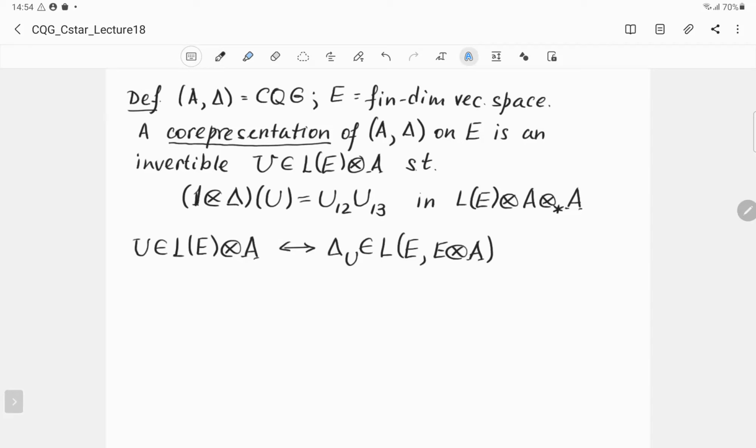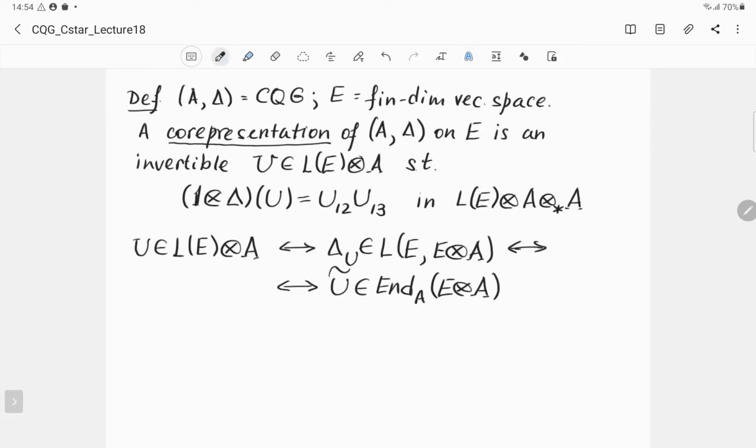So if we apply this canonical isomorphism to U, then we get delta U. And equivalently, the same element corresponds to an endomorphism, U tilde, of the free A module E tensor A. Again, because these two spaces, this one and this one, are canonically isomorphic.